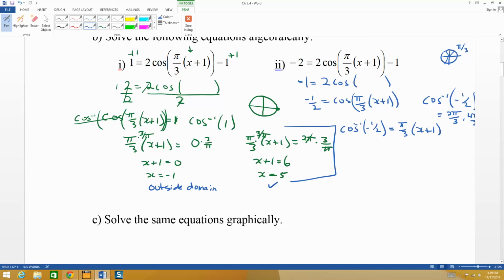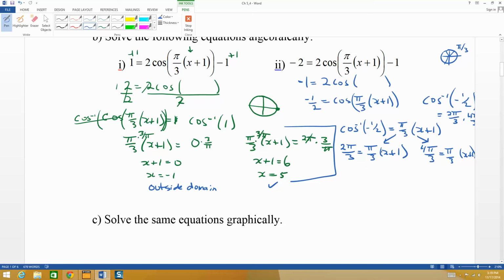So from this line to this line, I did the inverse cos of both sides. And now I'm going to have two solutions. I'm going to have 2 pi over 3 is equal to pi over 3 times x plus 1. And I will also have 4 pi over 3 is equal to pi over 3 times x plus 1. Oh, I'm running out of room there. Okay, so why does this split off into 2? Because we have two solutions, right?